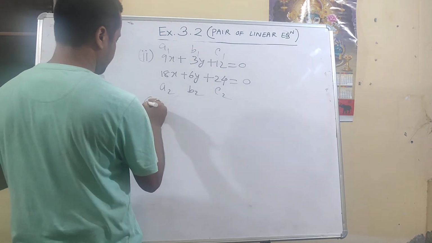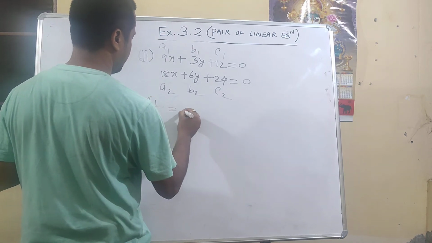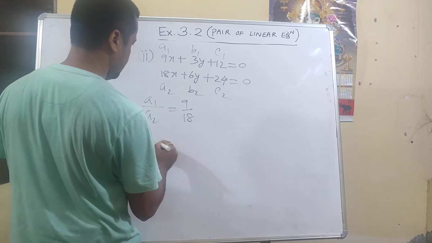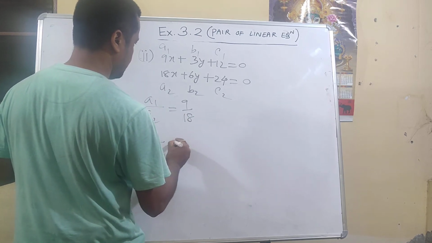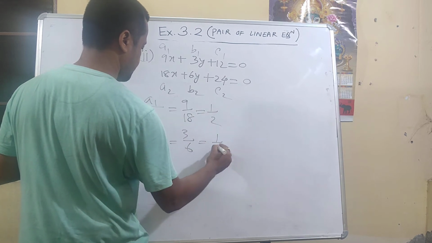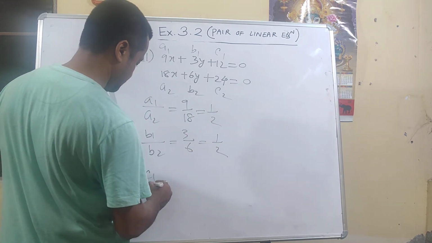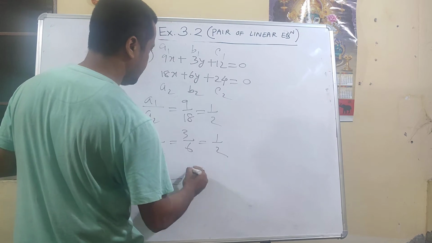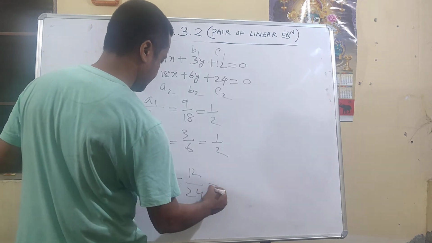Now check A1 by A2 is equal to 9 by 18, B1 by B2 is equal to 3 by 6, that is half, and C1 by C2 is 12 by 24, that is half.